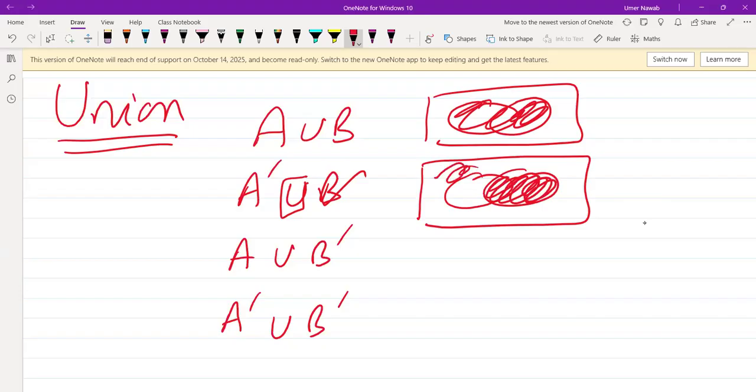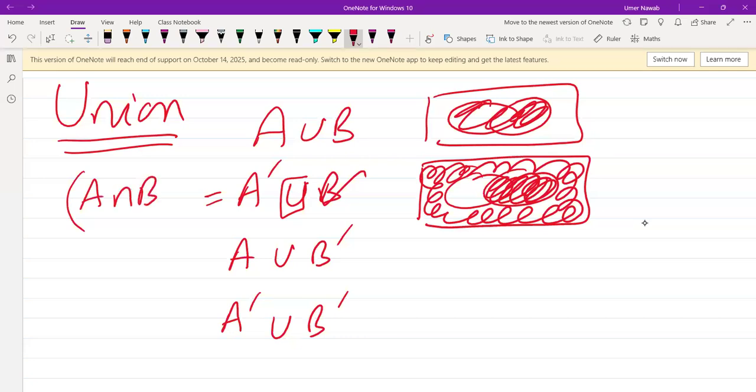and outside of A. Clear? And this is basically equal to, I will explain it later, if I want to convert the union operation to intersection, then it will be A intersection B complement like that. But no need to go into those details.